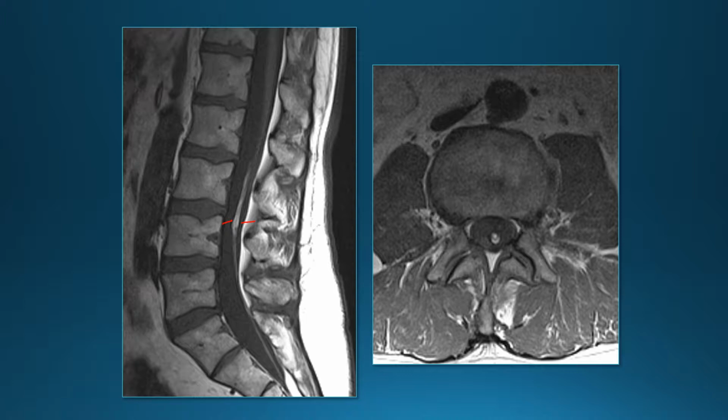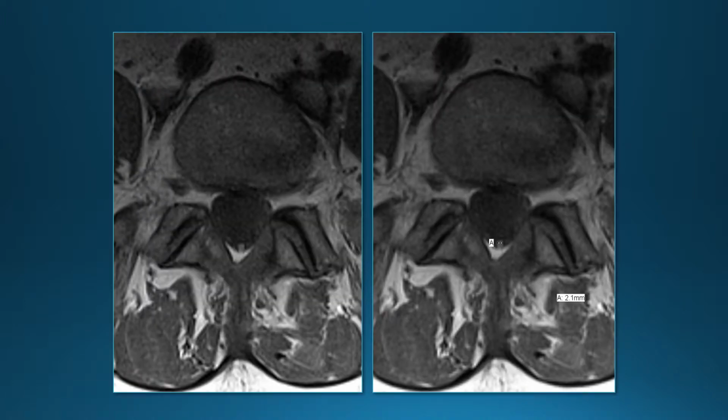So occasionally they can have symptoms of tethering even if the conus is above L2-3, but most of the patients who are symptomatic, the conus is going to be below L2-3. This is just to show how you would measure the thickness of the filum, and this is at L5-S1, and here it measures more than 2 millimeters.